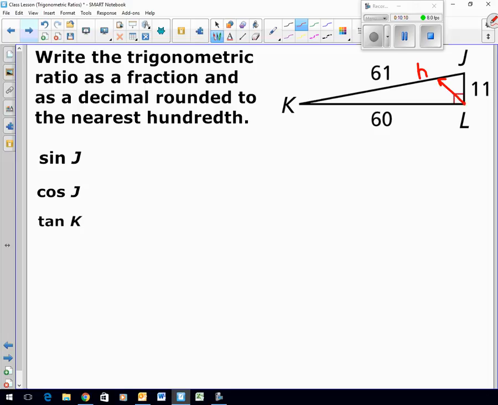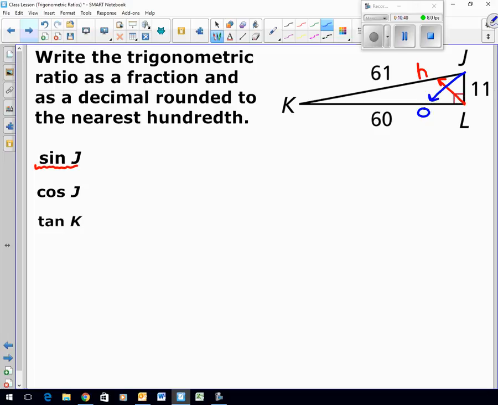This is where a lot of people get confused, so I beg you to pay attention. If I want to find the sine of J, I have to go to angle J and find two sides of the triangle. First, I go across from angle J and find the opposite side.